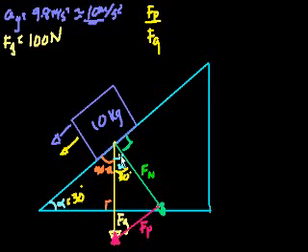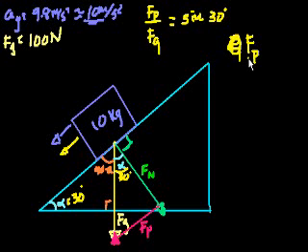Sine is opposite over hypotenuse. So that equals the sine of 30 degrees. Or we could solve, we could say the force parallel. I don't know if P is a good letter to use, because you could also confuse it with perpendicular. But let's say it's P for parallel. So the force parallel is equal to the force of gravity times the sine of 30 degrees.